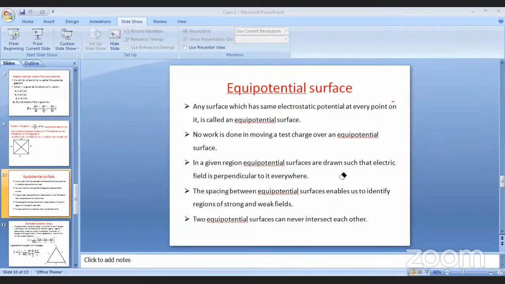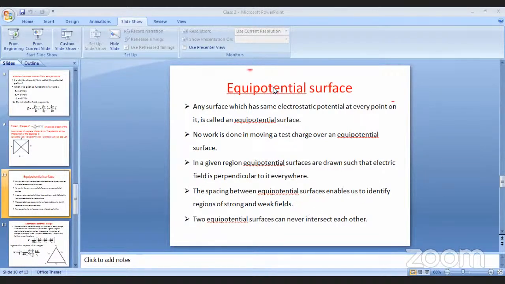Okay. The next point is the spacing between the equipotential surfaces enable us to identify the regions of strong and weak fields. How is it possible? How can we identify the strength of the field from the spacing between the equipotential surfaces?